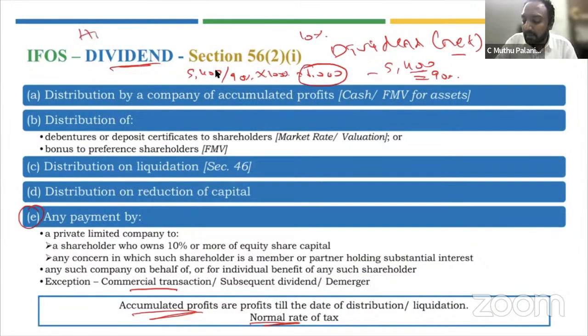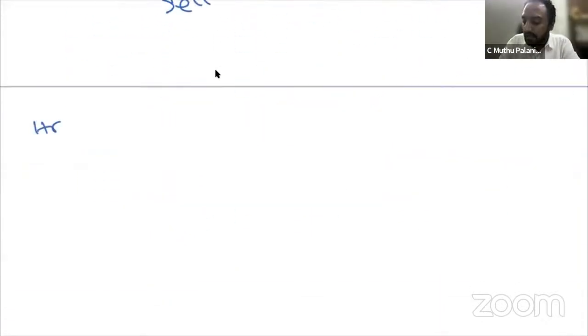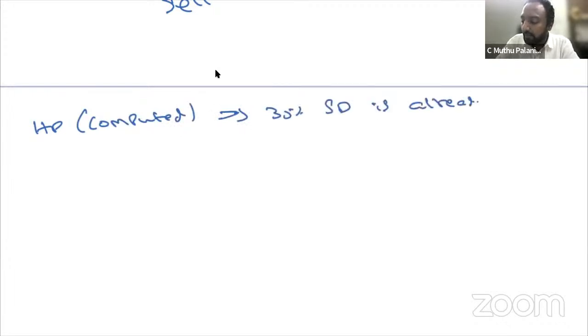Similarly, in house property, if the question uses the word computed, which means the 30% standard deduction is already provided. In case the word is not given, then you have to provide the 30% standard deduction.